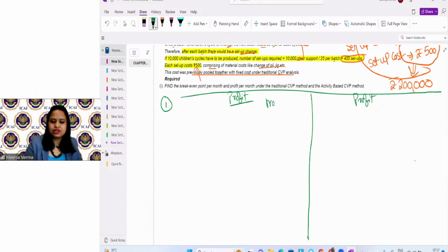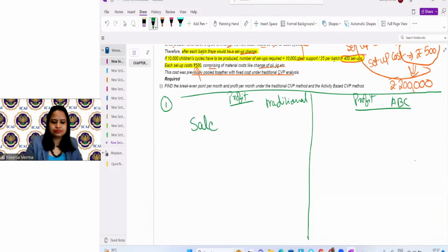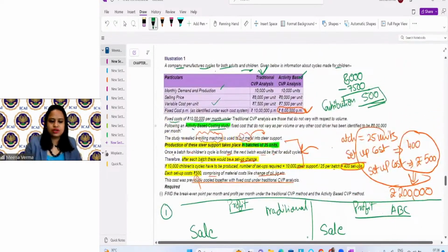So we have the traditional CVP analysis and we have activity-based costing. Let's see the profit. So what is the sale in both the cases? Sale is 8,000 per unit, and in both the cases we are selling 10,000 units.